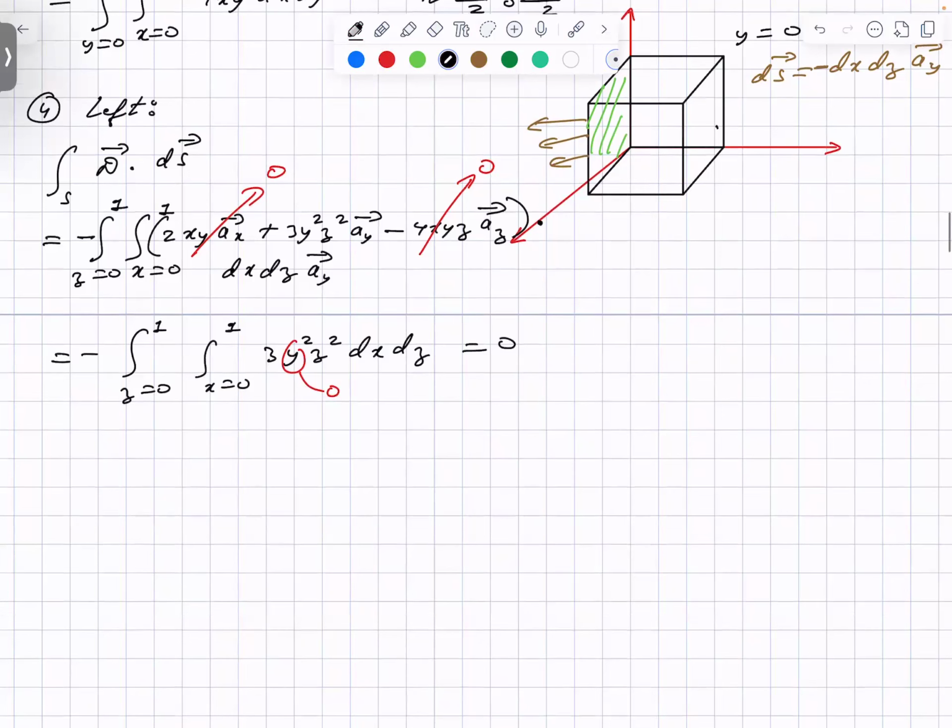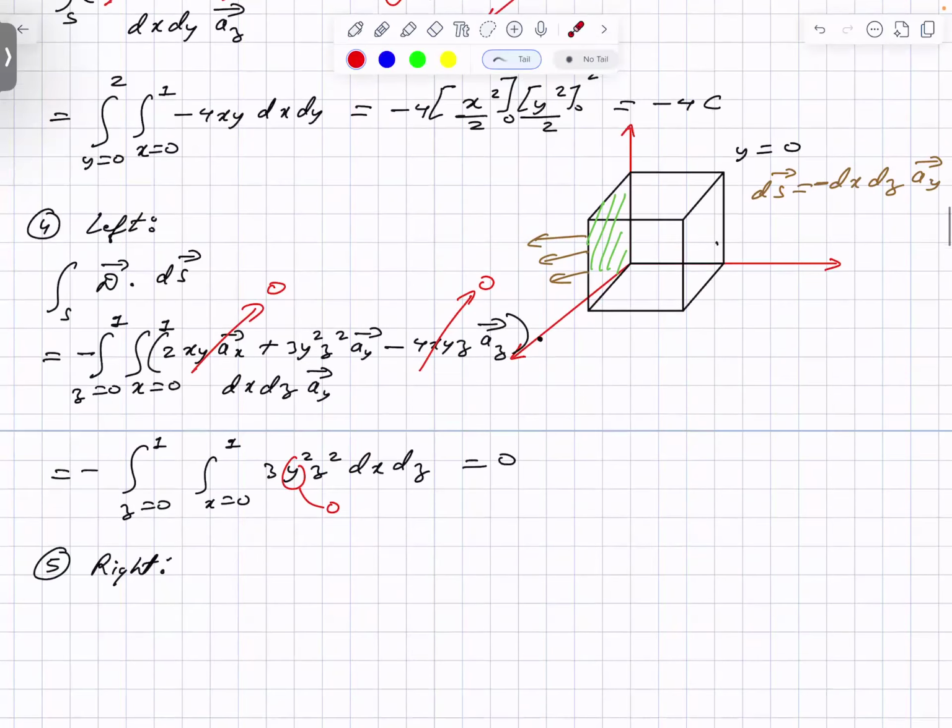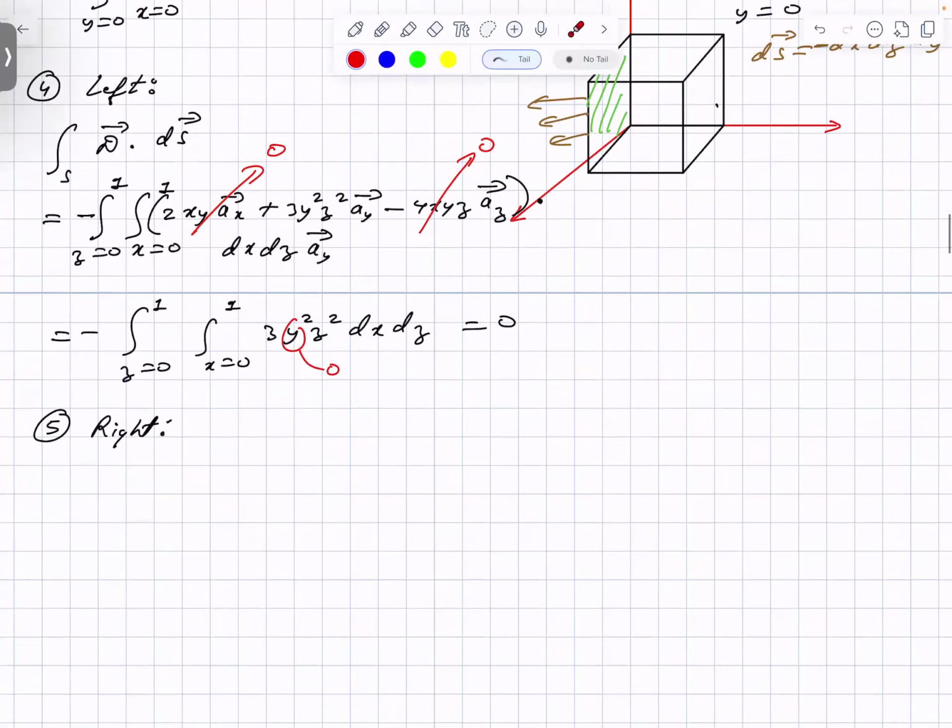And since we did the left, we can easily do right as well, because the only difference between the left and the right is the sign of this ds, right? If we're considering the right surface, we won't have this negative sign. We have a positive sign. So we can copy most of the things.